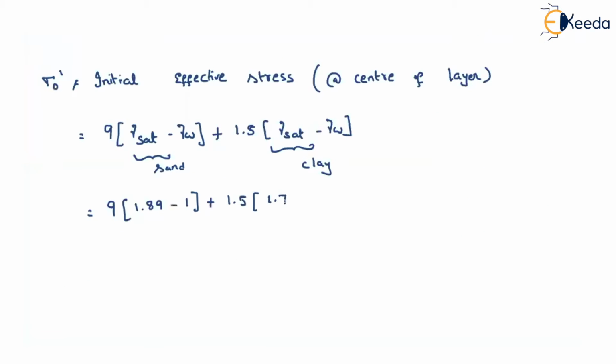So 1.79 minus again gamma W 1. Right? So if we solve this, then we will get this value as around 9.915 ton per meter square. So this is nothing but your initial effective stress. Now tell me, what about sigma f dash? Sigma f dash, I will call it the final effective stress.